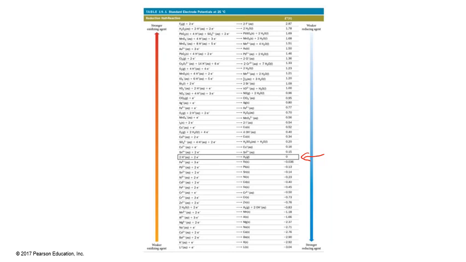So if half reactions have a stronger tendency towards reduction, they have a positive value for the E. If they have a stronger tendency towards oxidation, then they have a negative value for the electrode potentials.